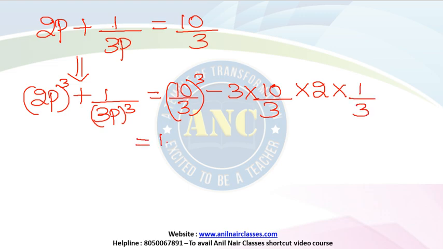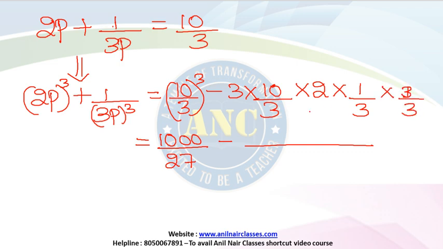Finally, if I simplify, 10 cube is 1000 divided by 27 minus, I will not cancel this 3 in the numerator and denominator, because I actually require 27 in the denominator for the LCM. So already I have 3 into 3 which is 9, but I want 27. So multiply by 3 by 3, because 3 by 3 is nothing but 1 and 3 into 3 into 3 is 27. I will make the common denominator 27. That is the agenda, nothing else.